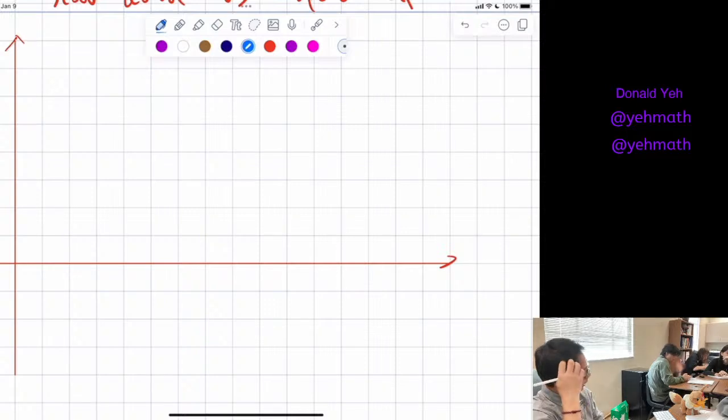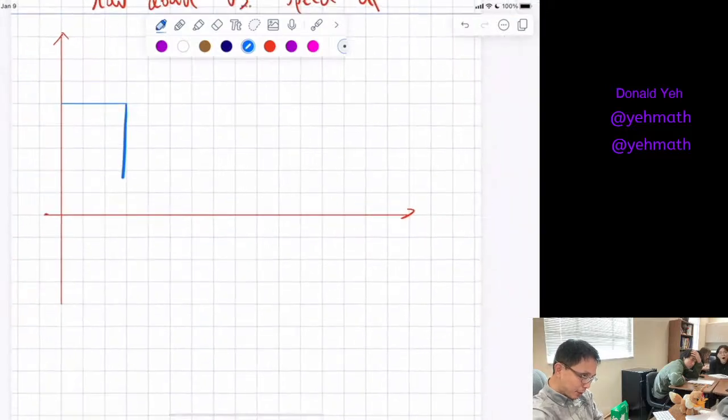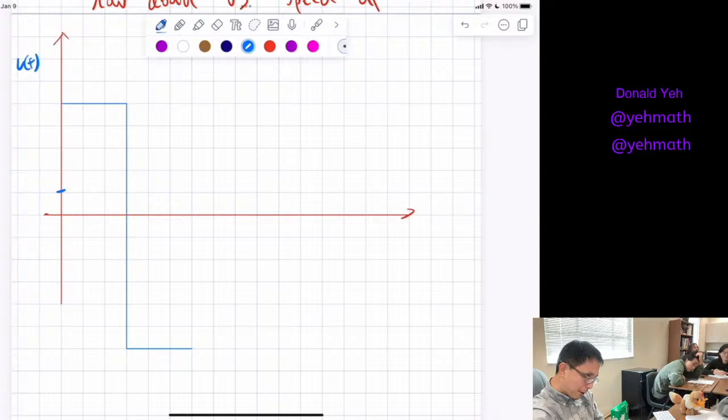Let's just say Aiden's not gonna run as fast as Tyler. So let's just assume that he can run like this. This is just a very interesting graph. I'm just gonna draw the straight line here. Okay, so this is a velocity graph, V of t, and each one is mile per hour.